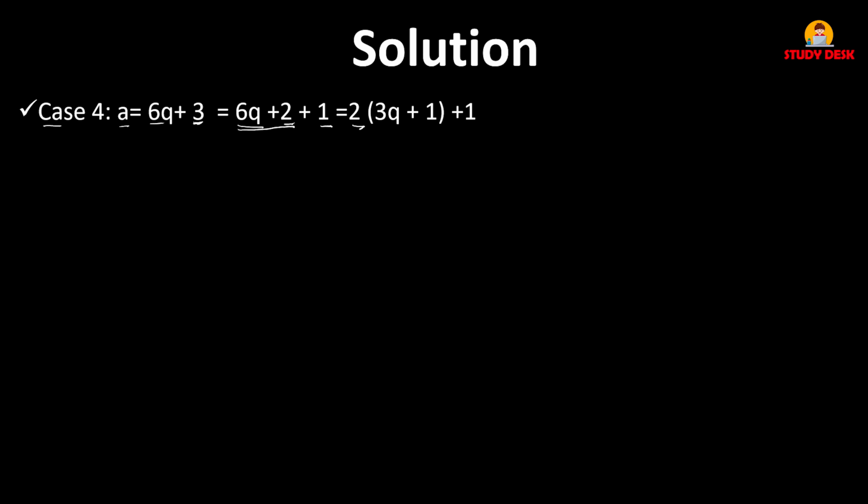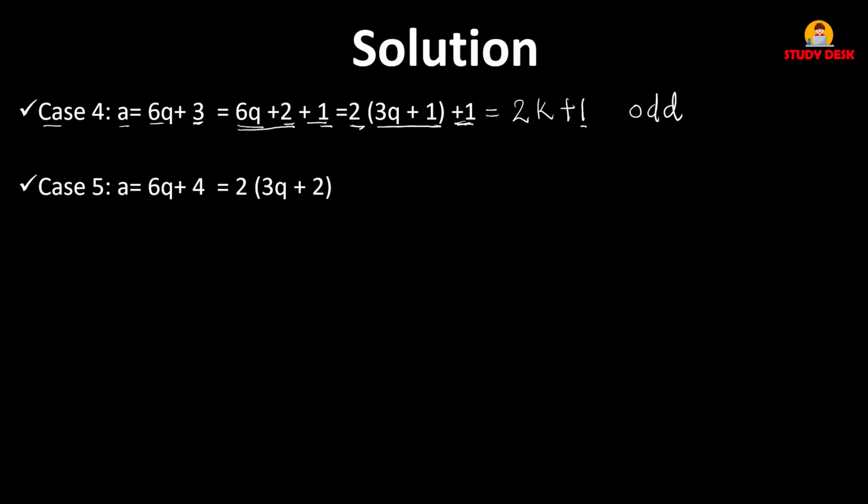So, we will obtain twice of 3q plus 1. And this plus 1 will be written afterwards. So, here you can observe that we can write this entire expression as twice of k plus 1. Which basically indicates that if we try to divide this entire number by 2, we will get a remainder of 1. Which means this is not completely divisible by 2, right? So, therefore, it is an odd integer.